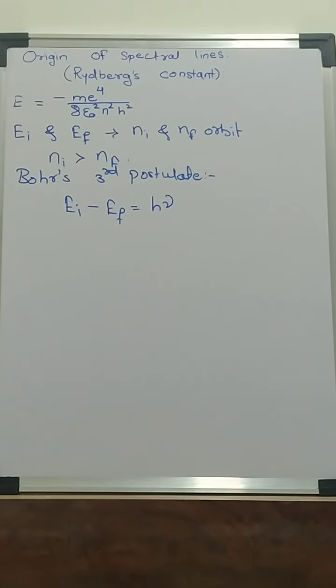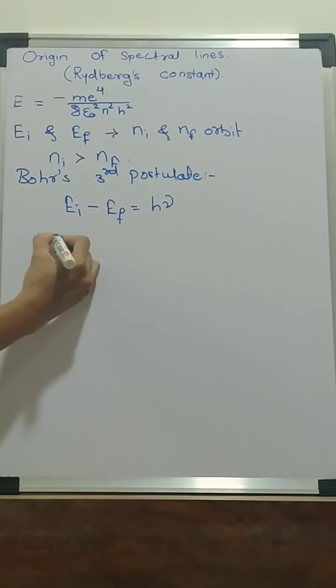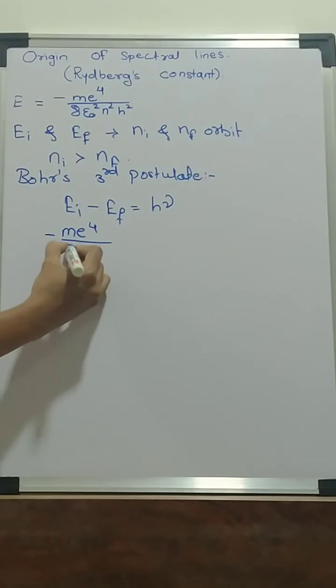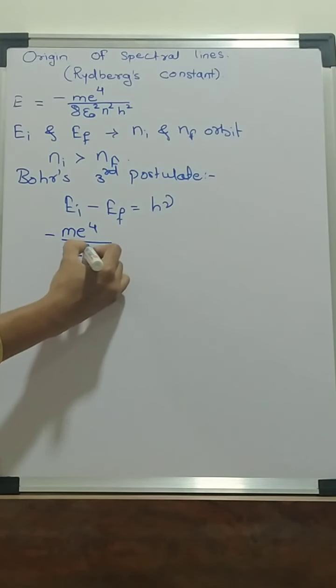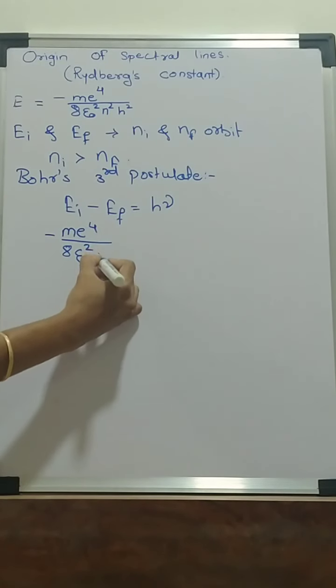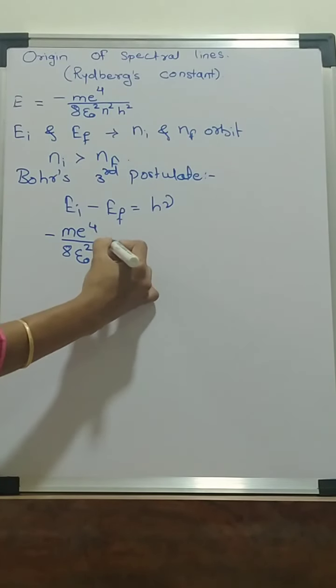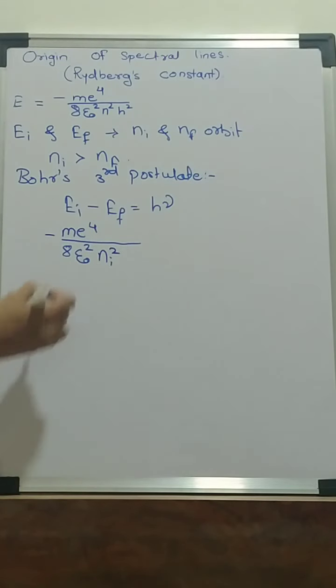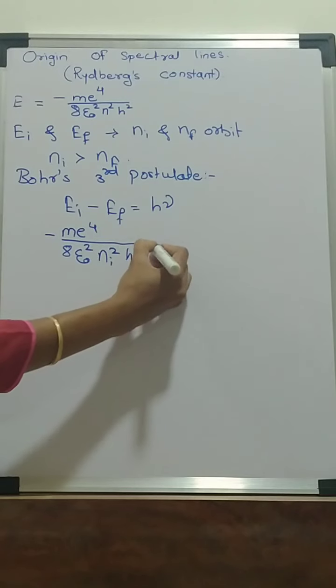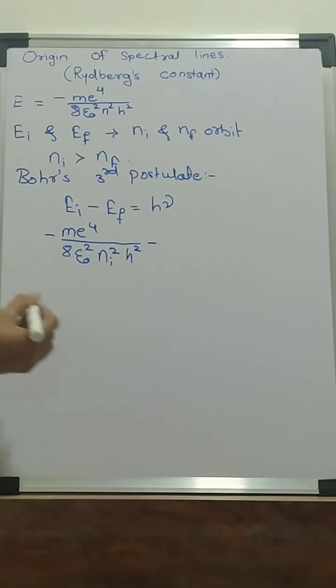Correct? Now we know EI, so with the help of this expression we can find EI. We can write EI as minus me raised to 4 upon 8 epsilon naught square, and instead of n square I will write Ni square, because for Ni the energy value is EI, h square, minus EF.